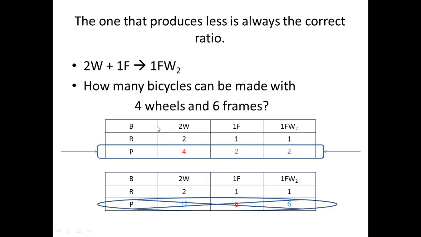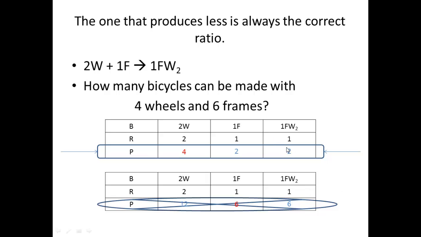So when we do this, we figure this out. One of these two ratios is true, and since wheels are my limiting reagent, I'm going to be making the one with the fewer product here. So in the first case, A up here, we can make 2 bikes. In the bottom, we make 6 bikes.